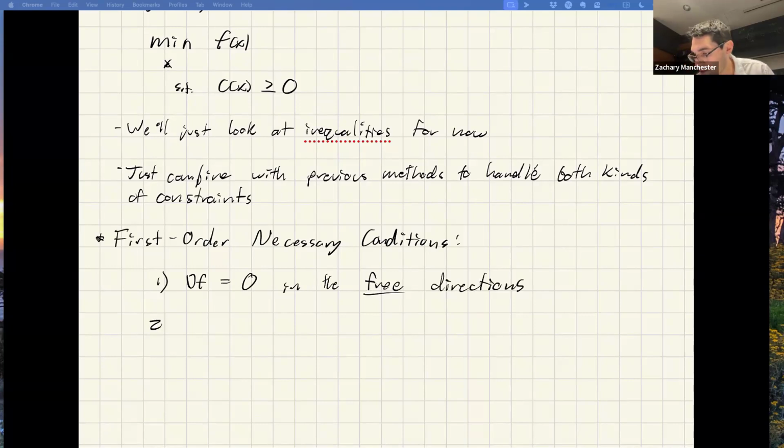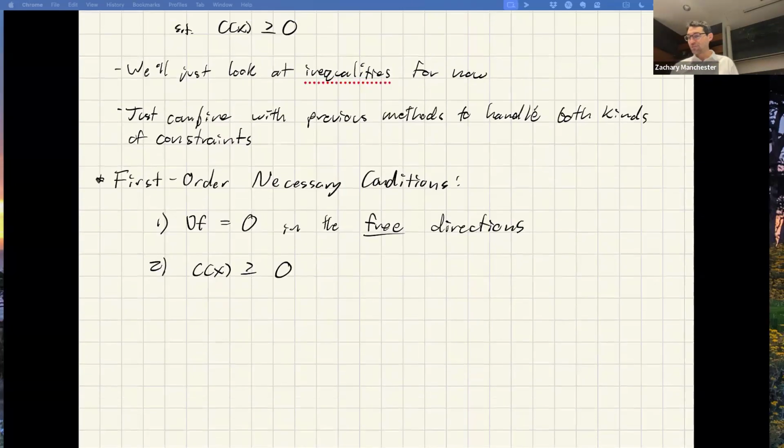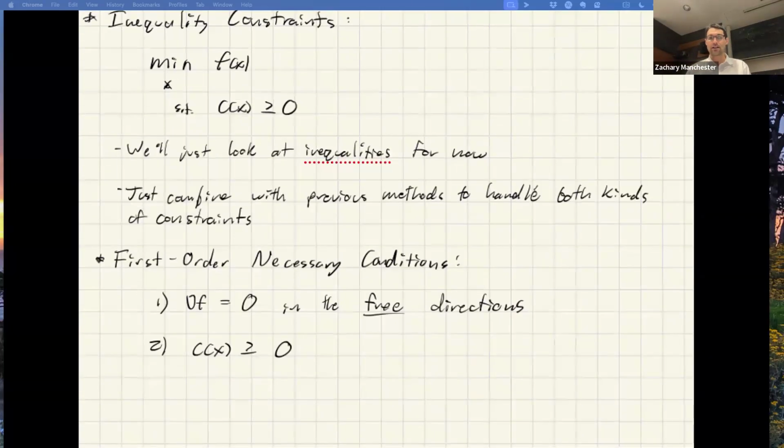And then we need the constraint to be satisfied, which in this case means C of X greater than or equal to 0. So that's it. But there's some extra stuff that we're going to need to pile on to get there.